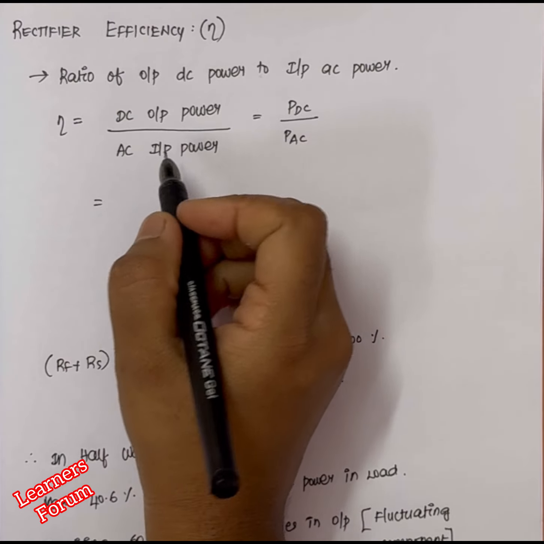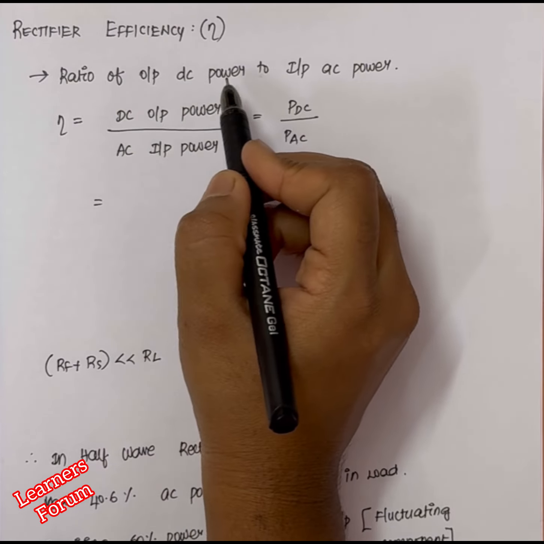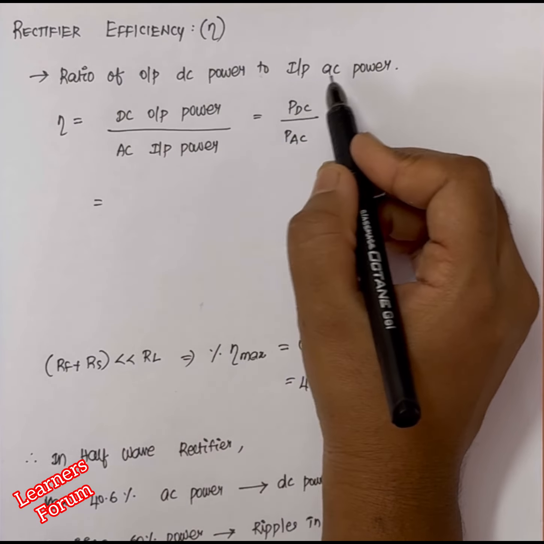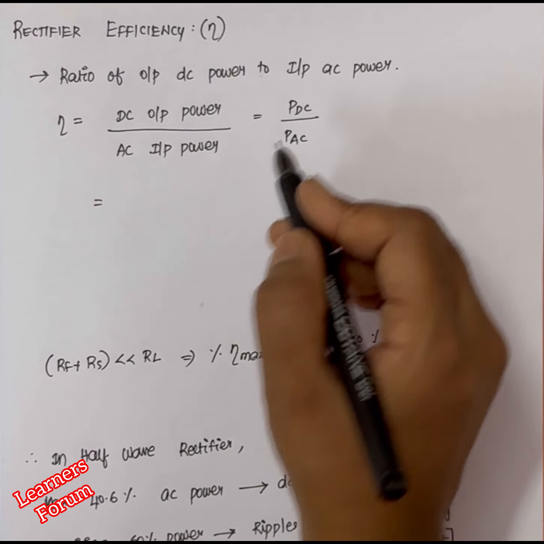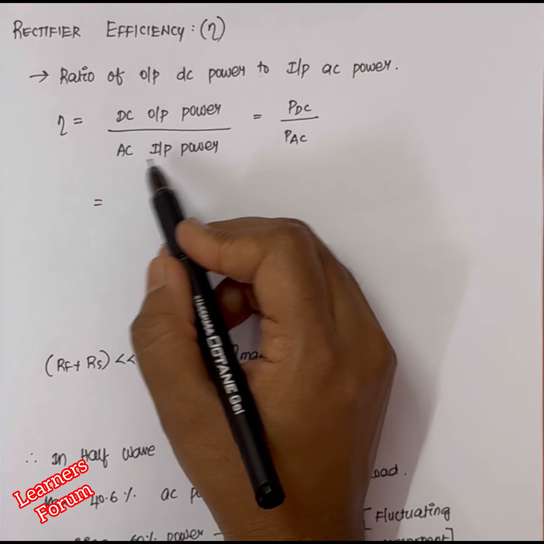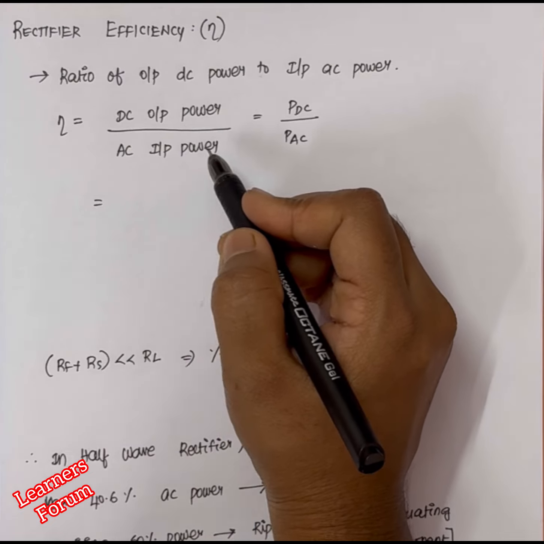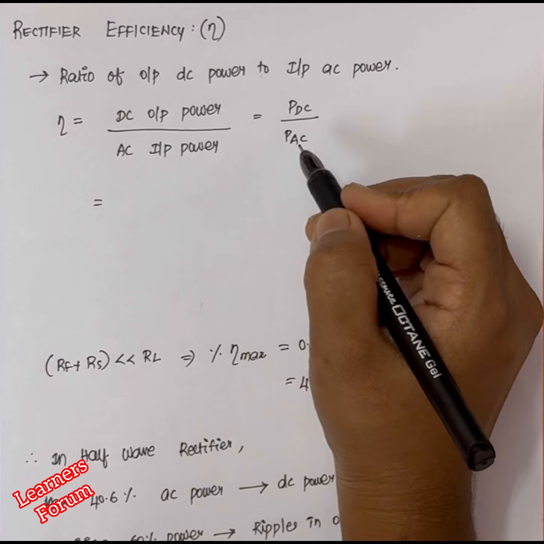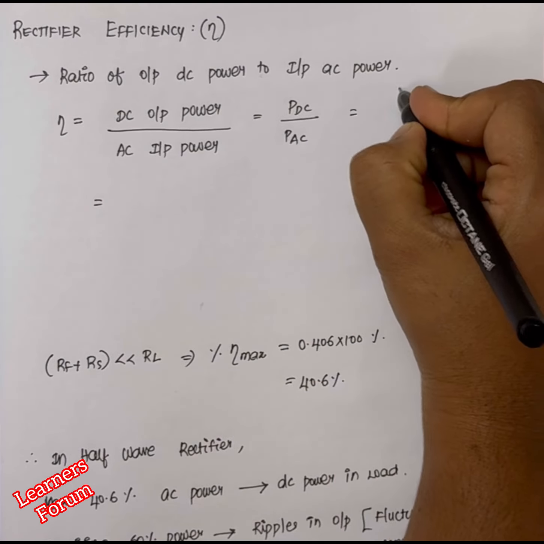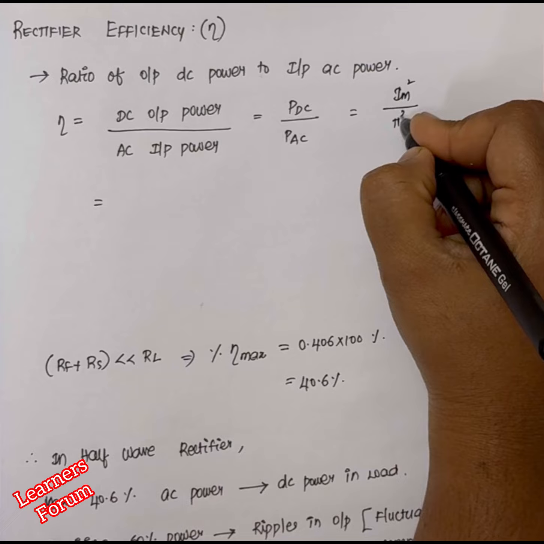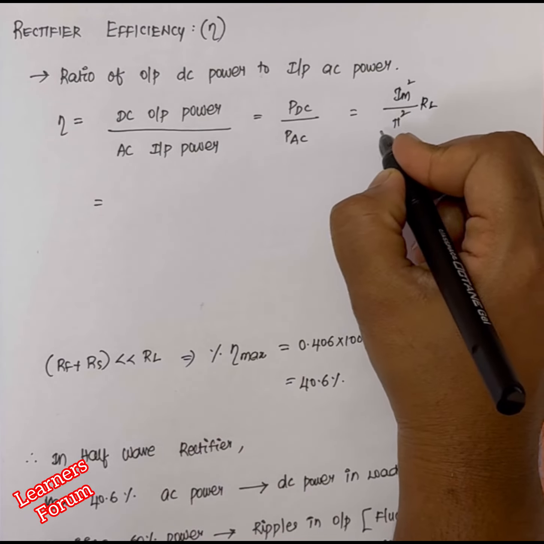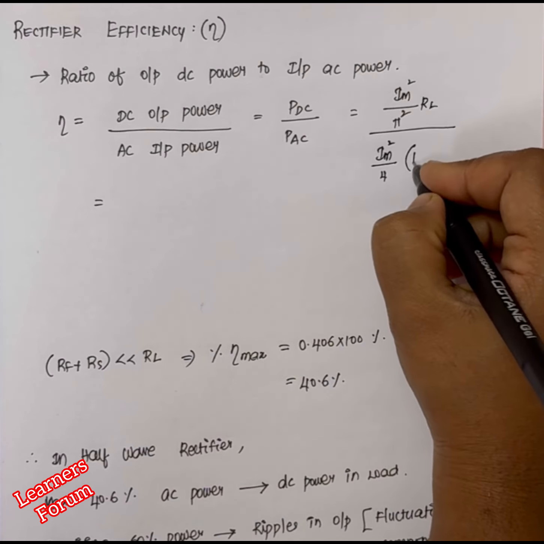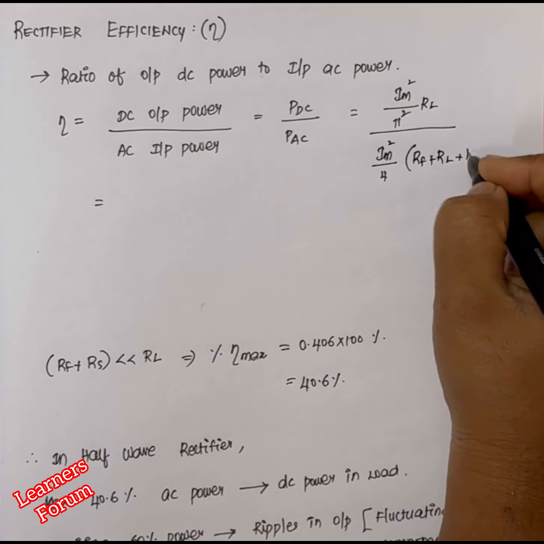Next is rectifier efficiency eta, which is nothing but the ratio of output DC power to input AC power. We have calculated the output DC power and input AC power separately. Now let us apply the values and calculate the ratio to get the rectifier efficiency, which is PDC divided by PAC. The value of PDC is ESM square into RL divided by pi square into (RF plus RL plus RS) square, and the value of PAC is Im square divided by 4 into (RF plus RL plus RS).